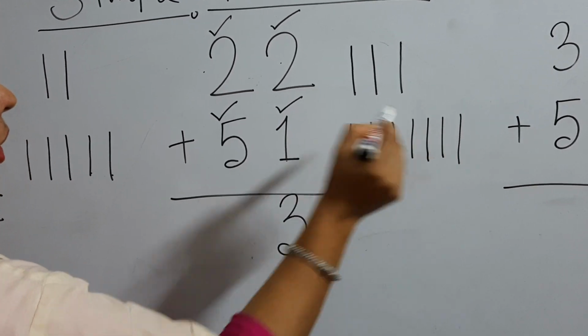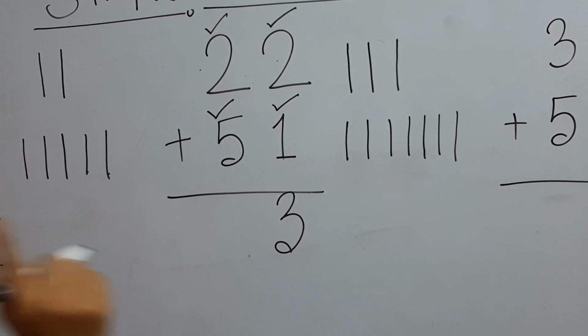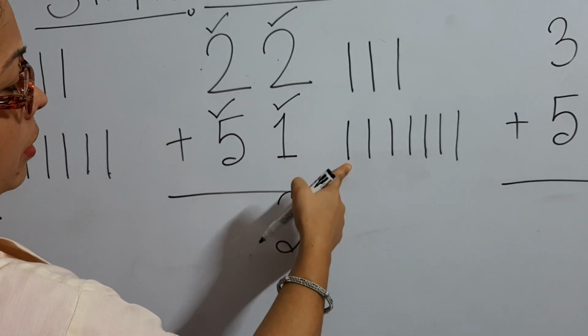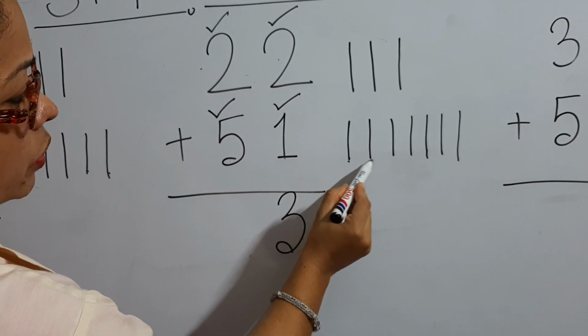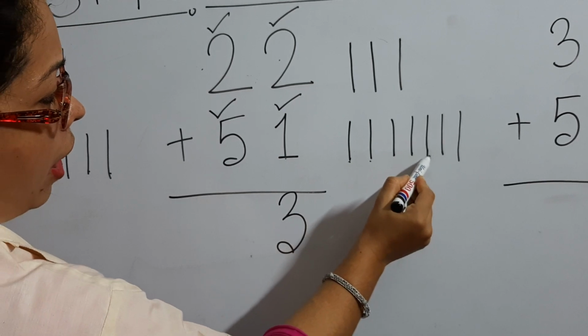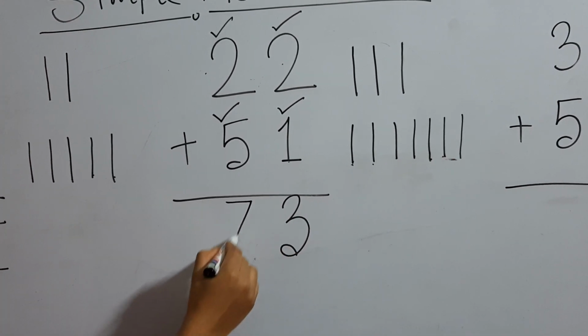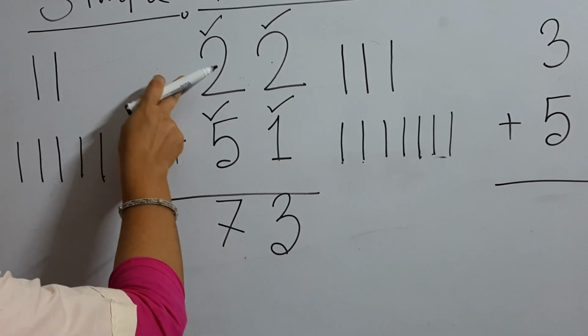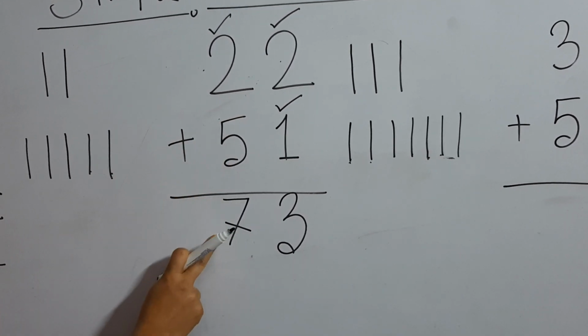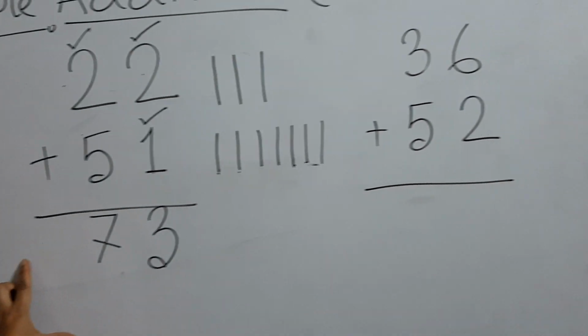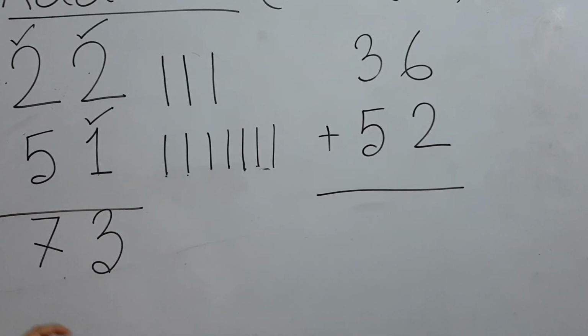Be careful, carefully put the lines, then count from the beginning: 1, 2, 3, 4, 5, 6, 7. Finally we got the answer 7, that is 2 plus 5 becomes 7.